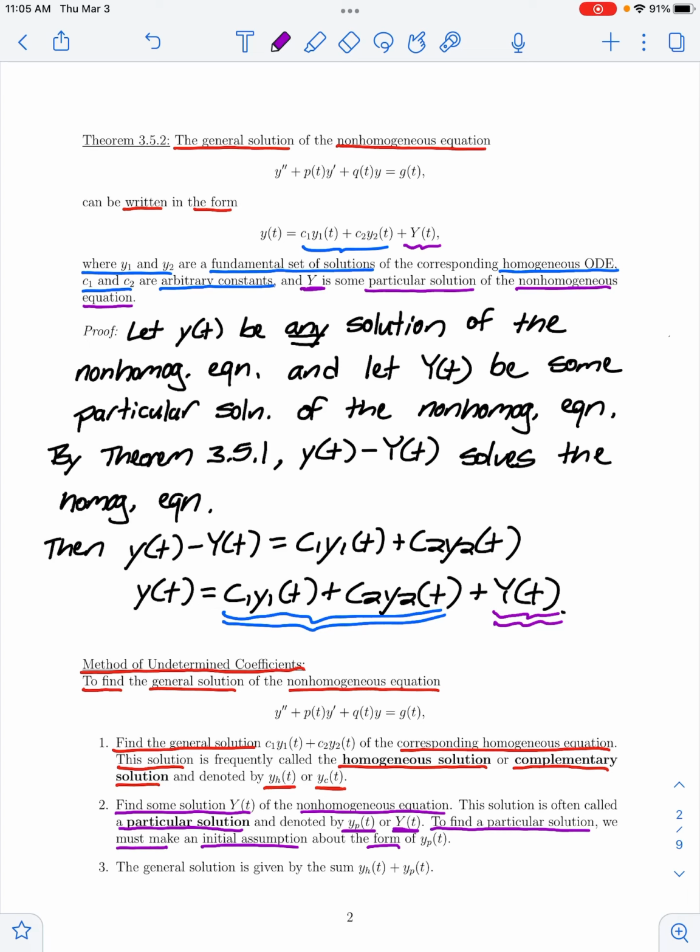Now, when we talk about this method of undetermined coefficients, to find that one particular solution, we have to make some assumption about the form of that particular solution, which we'll see how to do with some examples. And then, according to our new theorem, Theorem 3.5.2, the last step would be to get the general solution by taking the sum of our homogeneous solution and our particular solution.